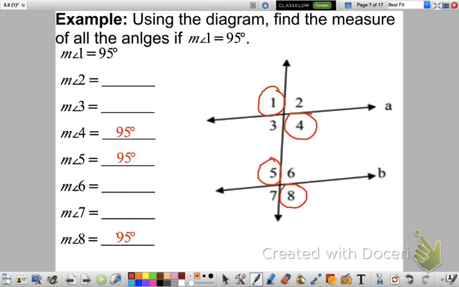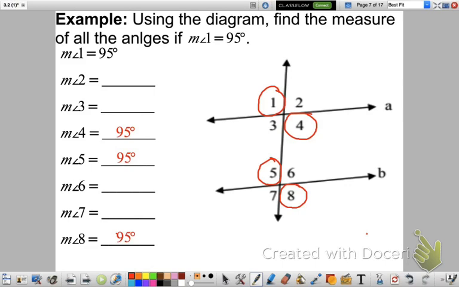So angle 1 and angle 4 are vertical angles. This comes from chapters 1 and 2. We should already know this information. Angle 4 is alternate interior to angle 5. And we know alternate interior angles are congruent. Another way you could look at it is 1 and 5 are corresponding angles.